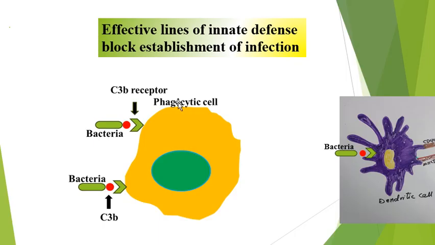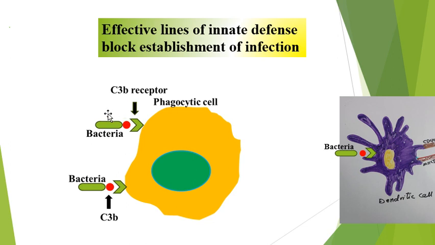This is a phagocytic cell, and this is a gram-positive bacterium. They produce peptidoglycan, and peptidoglycan will activate the alternative pathway, which results in formation of C3b.